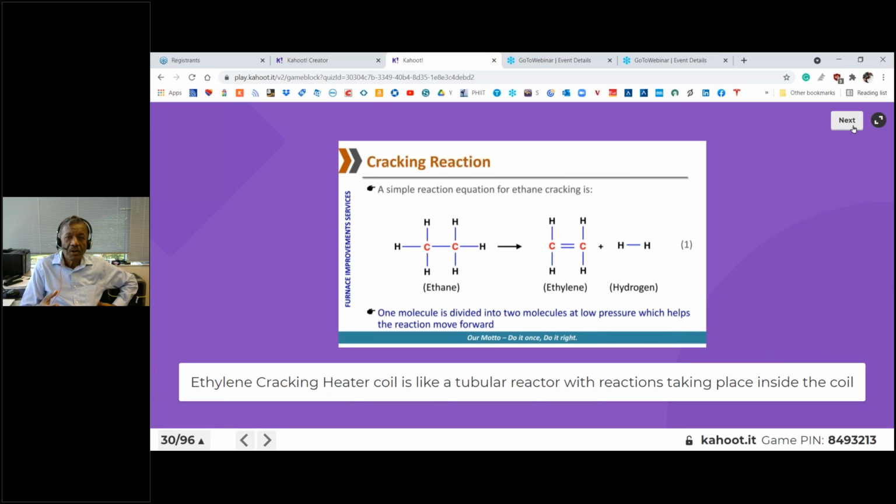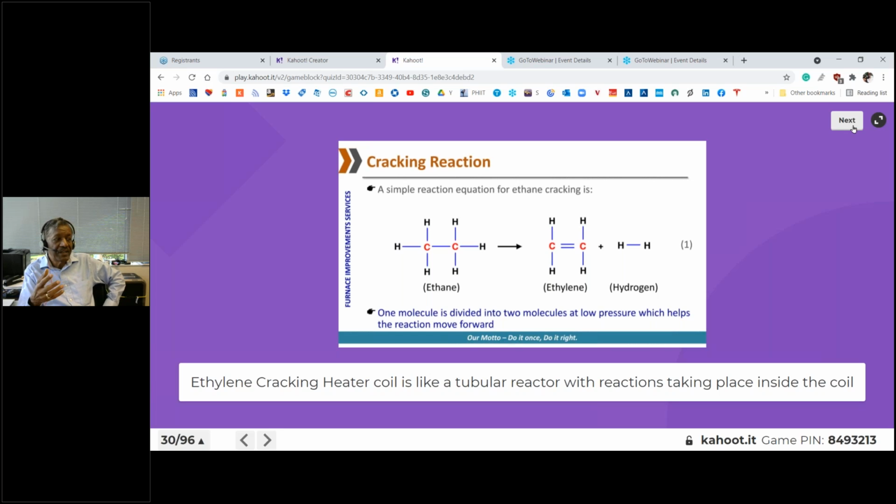So if you think about cracking, we can write a very simple reaction. You take ethane, you remove two atoms of hydrogen, and you get ethylene and hydrogen. So one molecule is divided into two molecules.